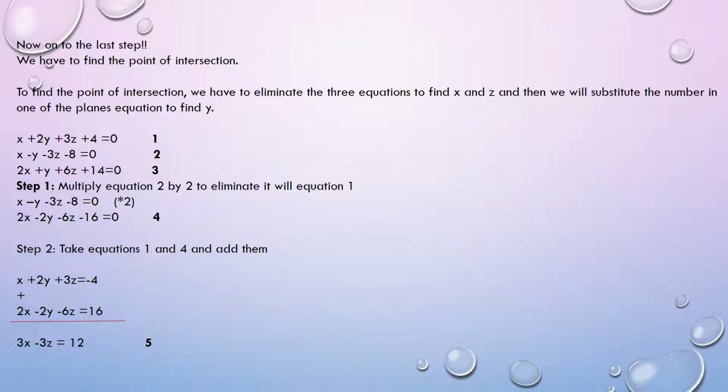My next step is to take equations 1 and 4 and add them. So x plus 2y plus 3z equals -4, plus 2x minus 2y minus 6z equals 16. It will eliminate y, so we have x and z left to find, and then we substitute the numbers into the original equation to find y. What I got is 3x minus 3z equals 12, and I will name it equation 5.